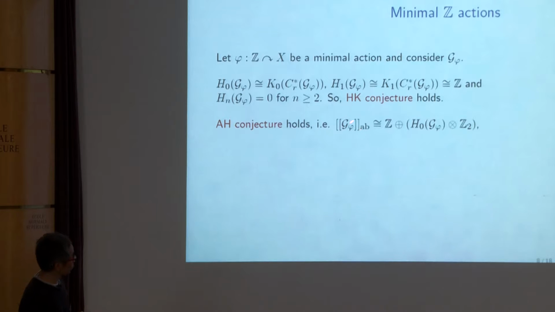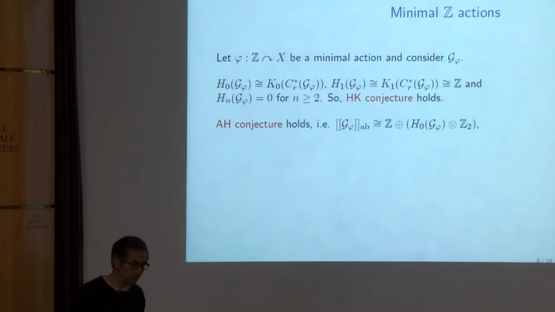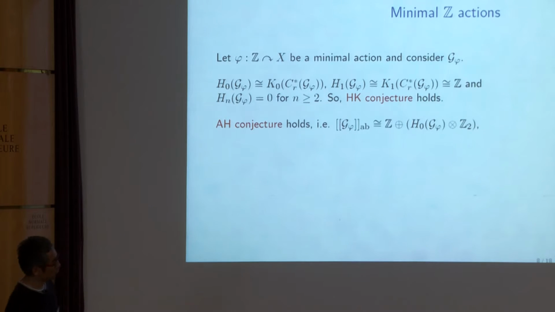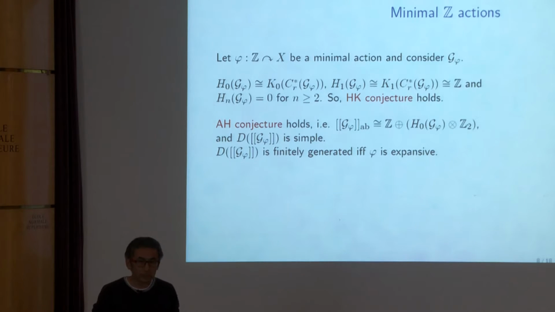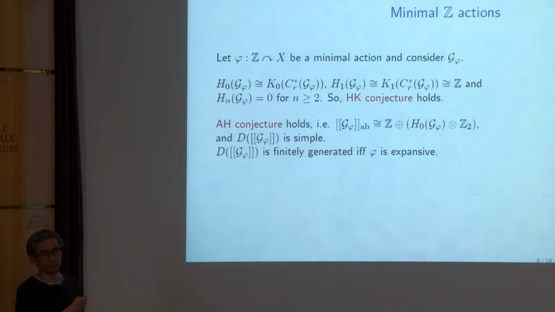The topological full group, its abelianization is isomorphic to the integers plus H0 tensor Z2. So AH also holds. And it's known that the commutator is simple. In many cases, I can prove that this commutator is simple. Actually, in all the examples which I will explain, the commutator is simple.